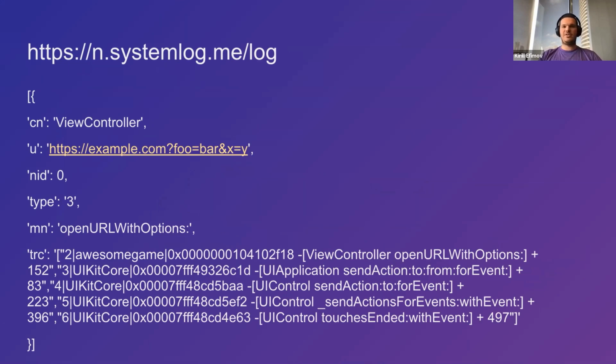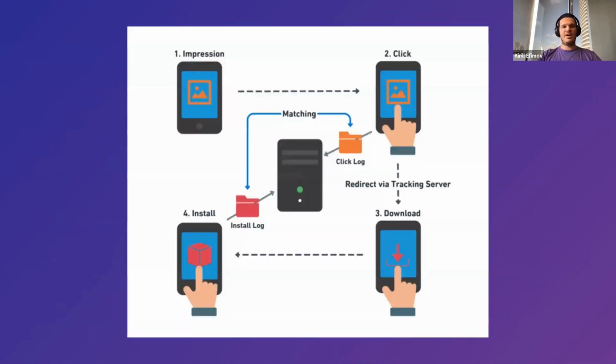But what is this data used for? Let's have a look at how mobile advertisement normally works. The user clicks on a banner, and the advertisement SDK sends a log about this click to the attribution provider backend.